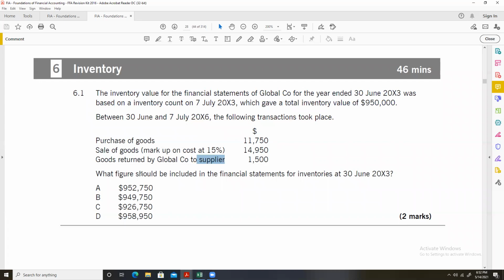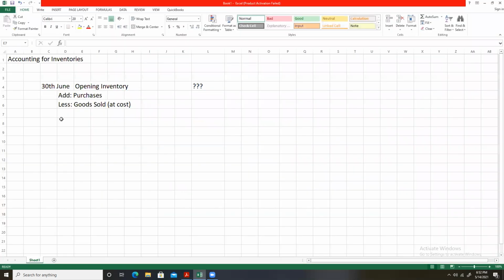So we should also subtract goods returned from opening inventory.